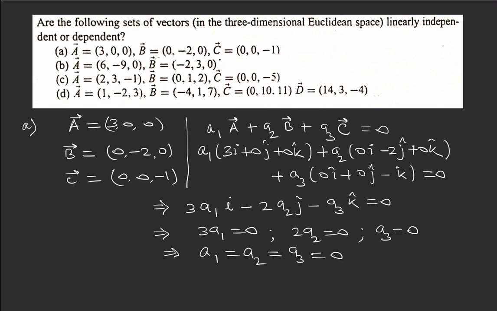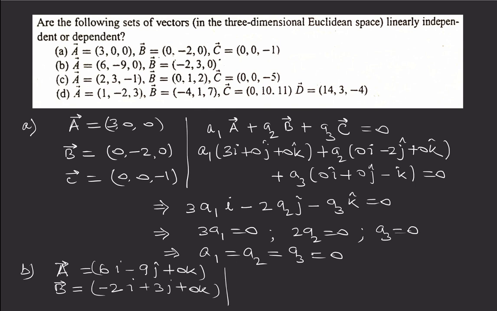Now check for the second. Vector A is given as 6i minus 9j plus 0k. B is given as minus 2i plus 3j plus 0k.